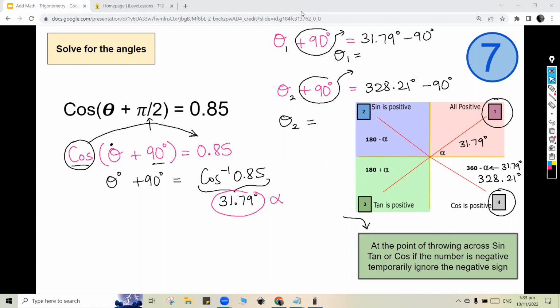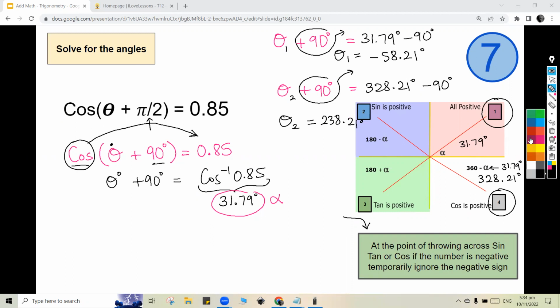First one is 31.79 minus 90. My first answer is minus 58.21 degrees. The next one is 238.21 degrees, right?